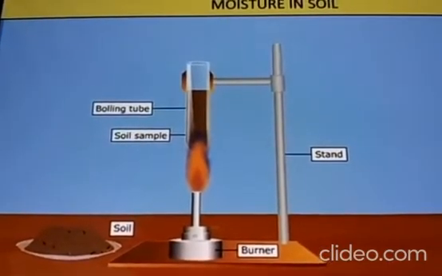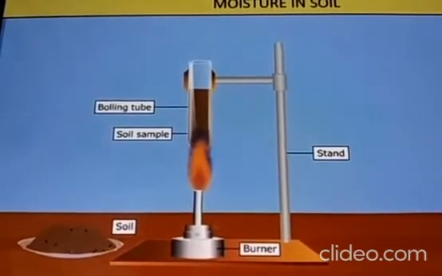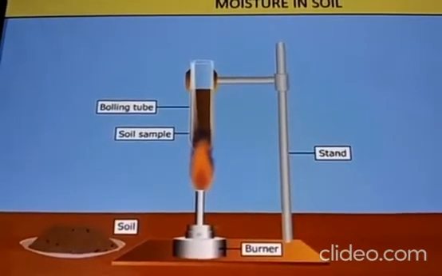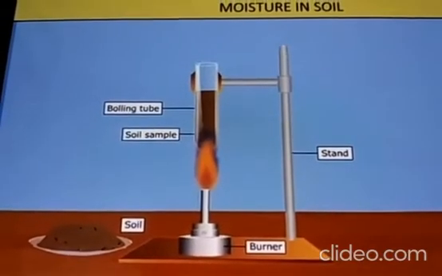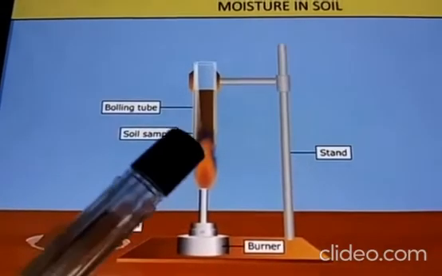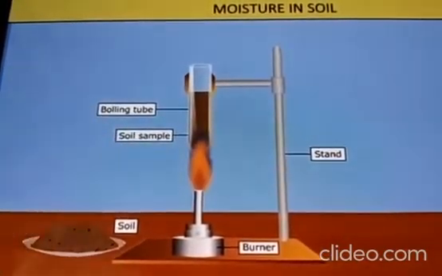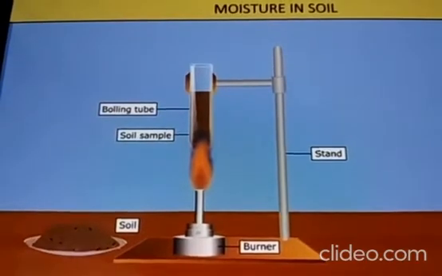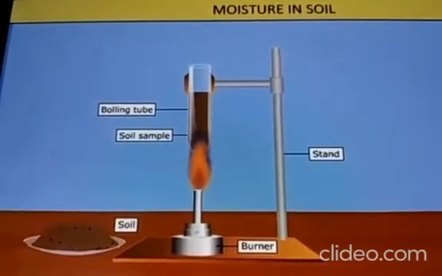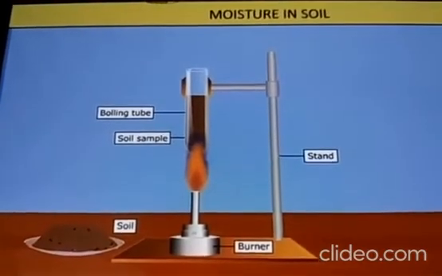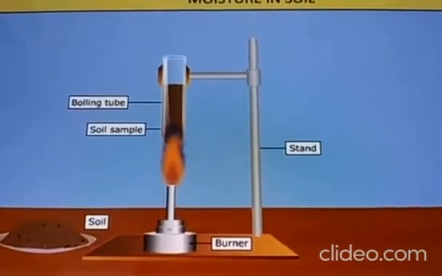On heating, water in the soil evaporates, moves up and condenses on the cooler inner walls of the upper part of the boiling tube. What's happening here? If you boil, the water will be evaporating, leaving the soil here. Similarly, on a hot summer day, the vapor coming out of the soil reflects the sunlight, and the air above the soil seems to shimmer.